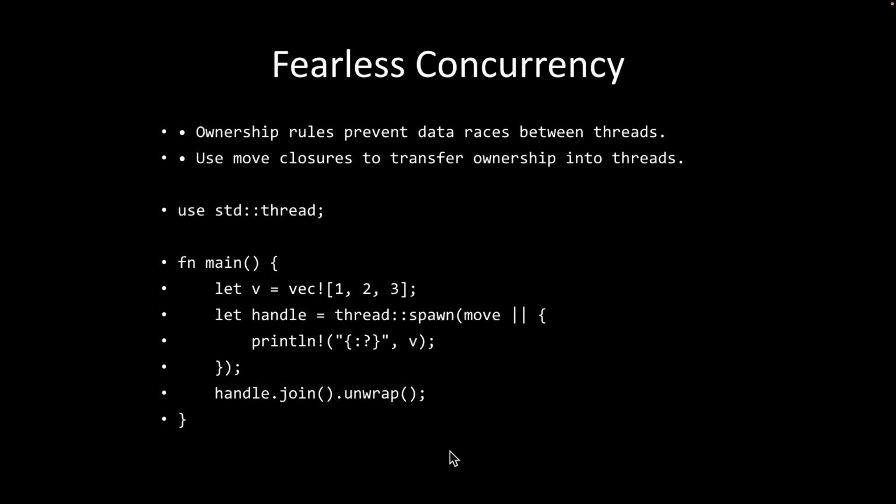And the handle.join merely waits for the thread to complete, and once it completes, it unwraps it. So it is a very simple function that allows us to transfer ownership of variables from outside the scope. In this case, the variable v.